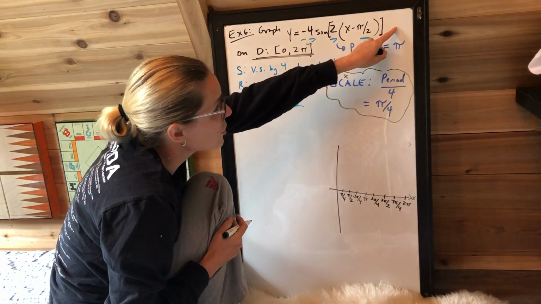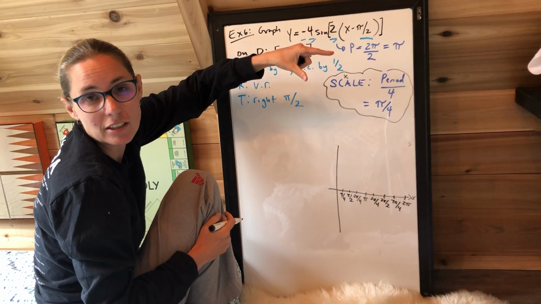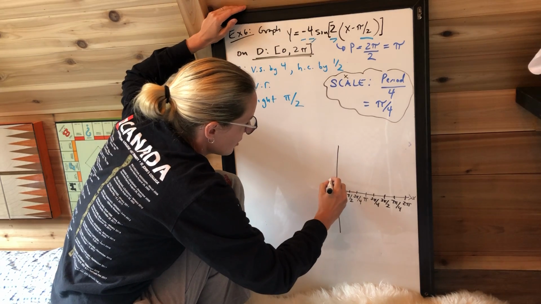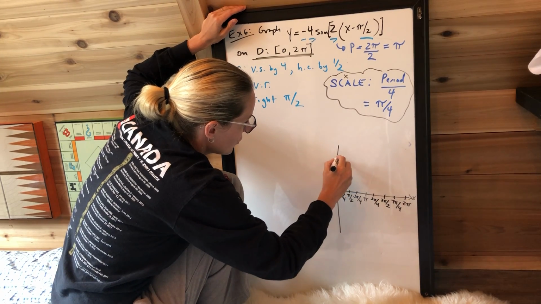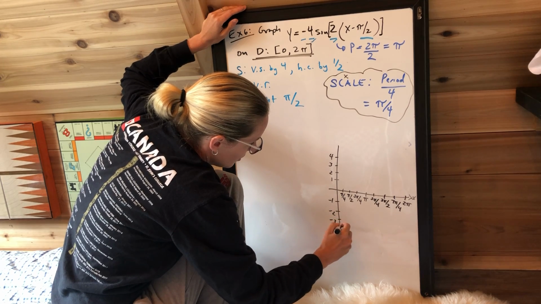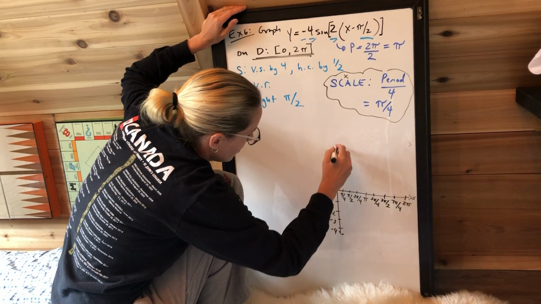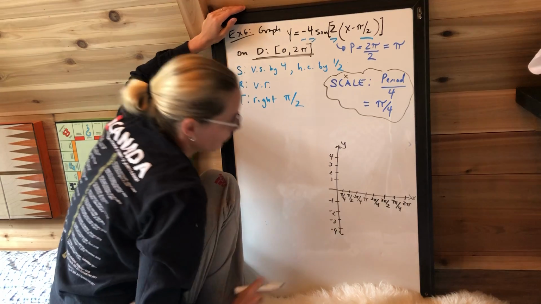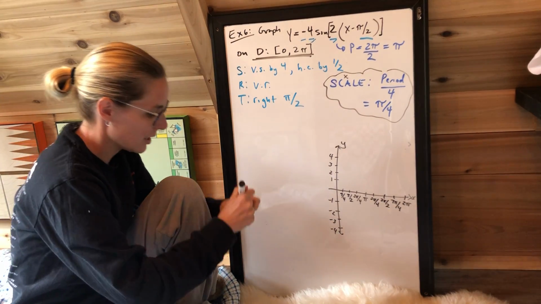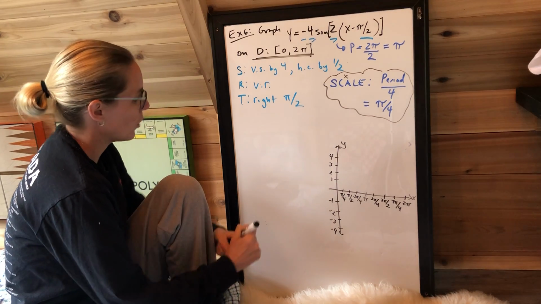If there was also a translation up or down, that would affect it. So you might move the whole thing up, the whole thing down. That will adjust your y scale. In this case, we don't need to worry. There's no d value, so we just know it's going to be between +4 and -4. So we can set up the scale of this graph before we actually step foot in what it's going to look like.